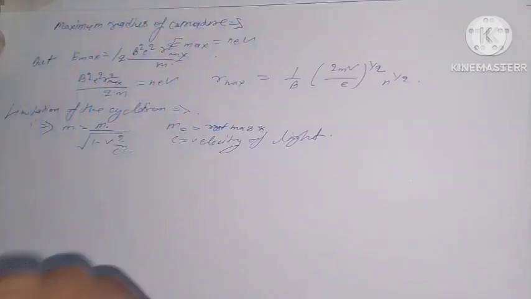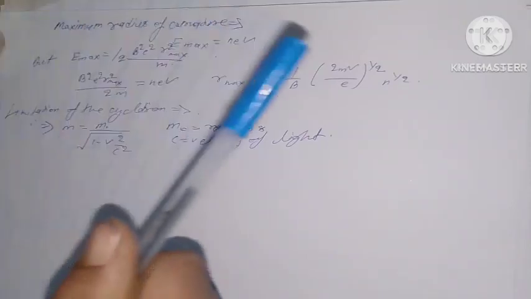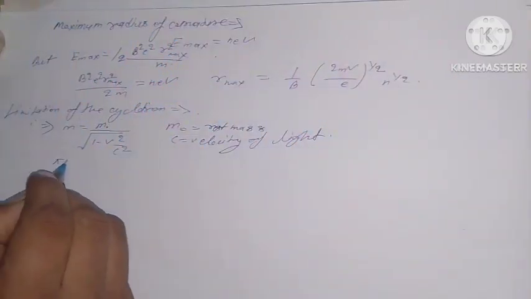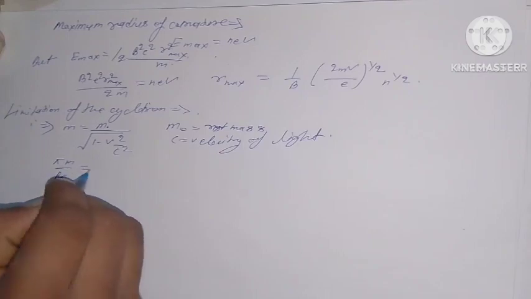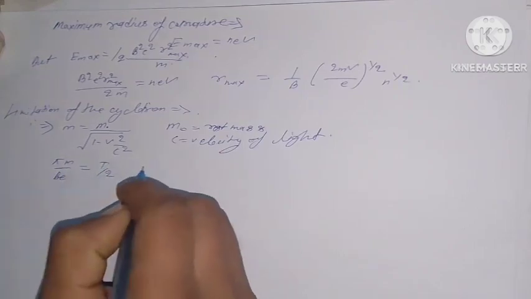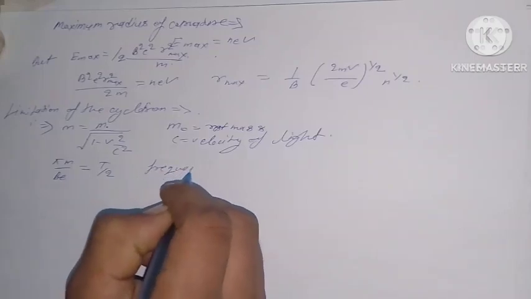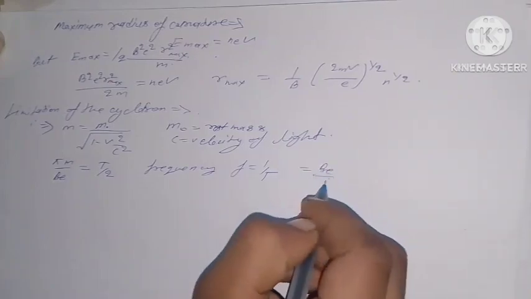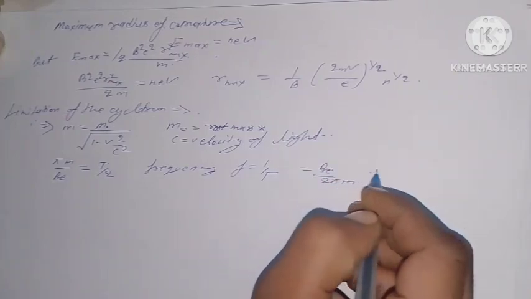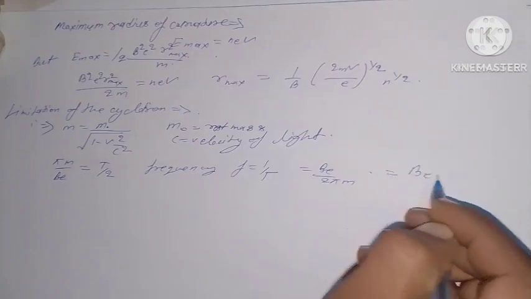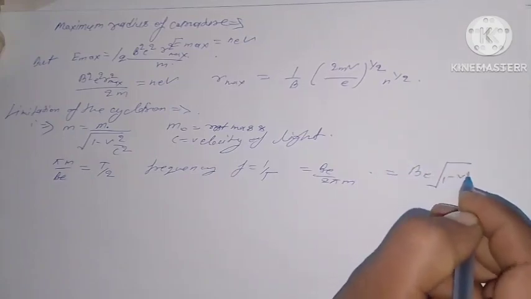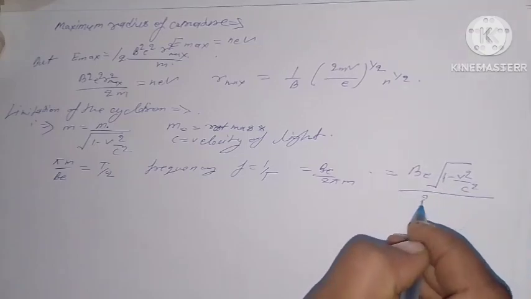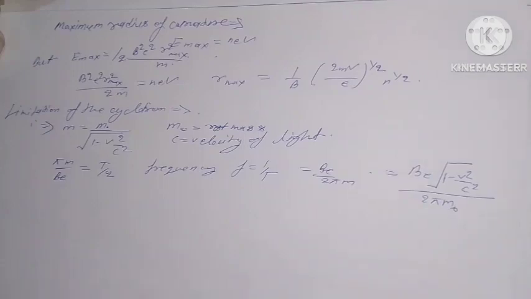As already proved, the time taken by a particle to travel the semicircular path is pi m by B equal to T by 2. Frequency f equal to 1 by T, that is Bq by 2 pi m, that is Bq under root 1 minus v square by c square upon 2 pi m naught.